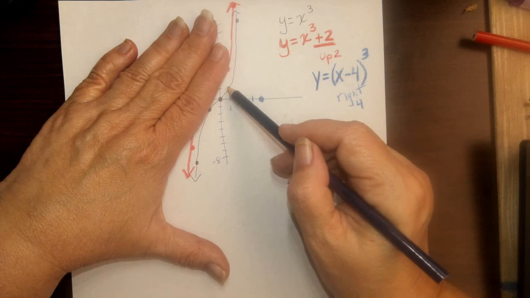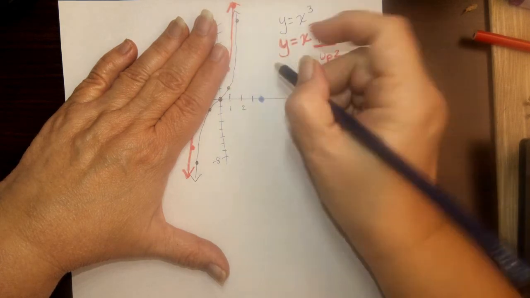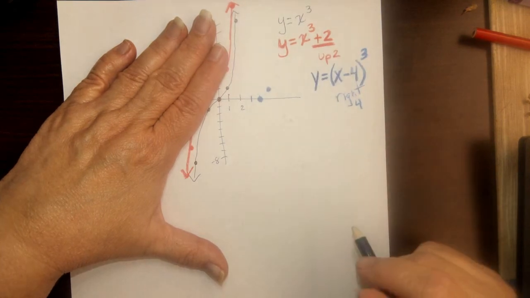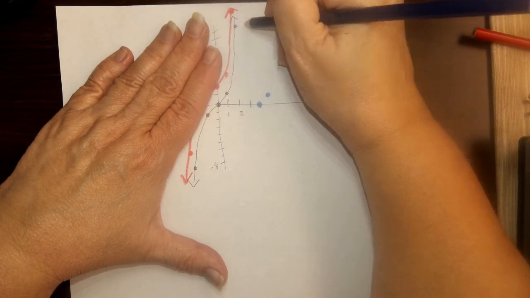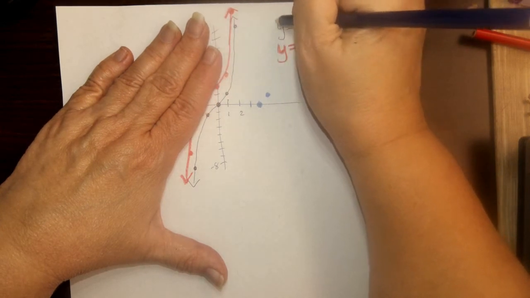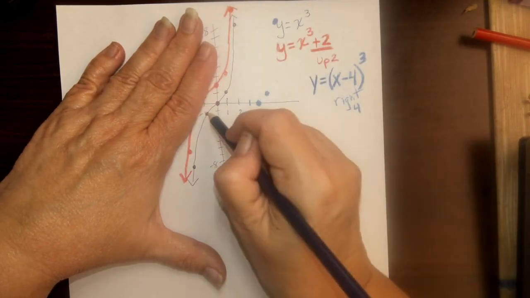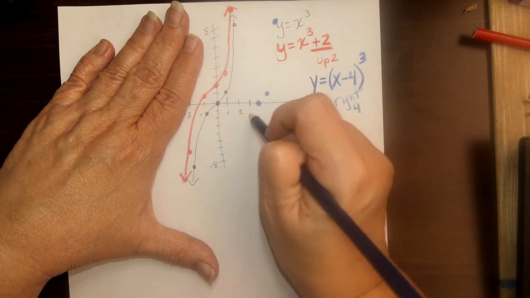Then I take this dot, 1, 2, 3, 4. Then I go to this dot, 1, 2, 3, 4. Then this dot, 1, 2, 3, 4.